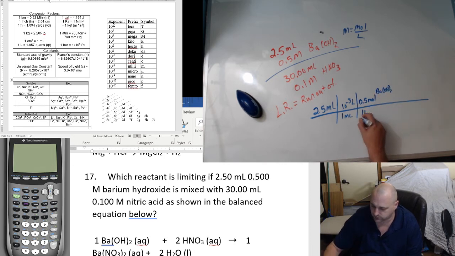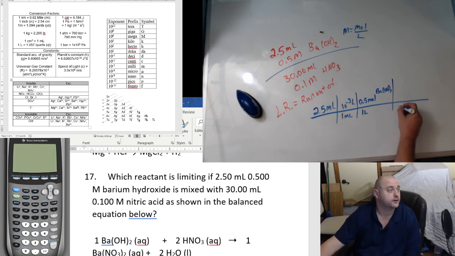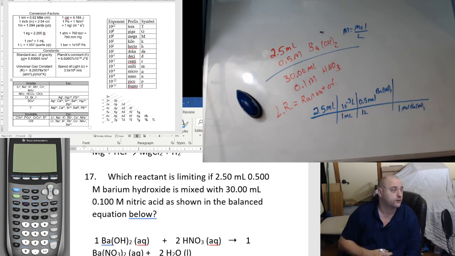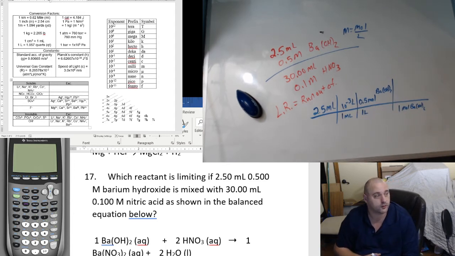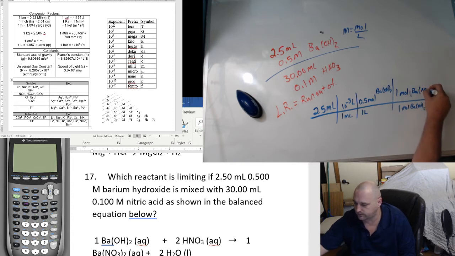And I really should label each one of these as Ba(OH)2, but we're out of space, so I'll cheat a little bit. And so I'm going to look at my equation, and it says for each 1 mole of barium hydroxide, I can form 1 mole of barium nitrate.